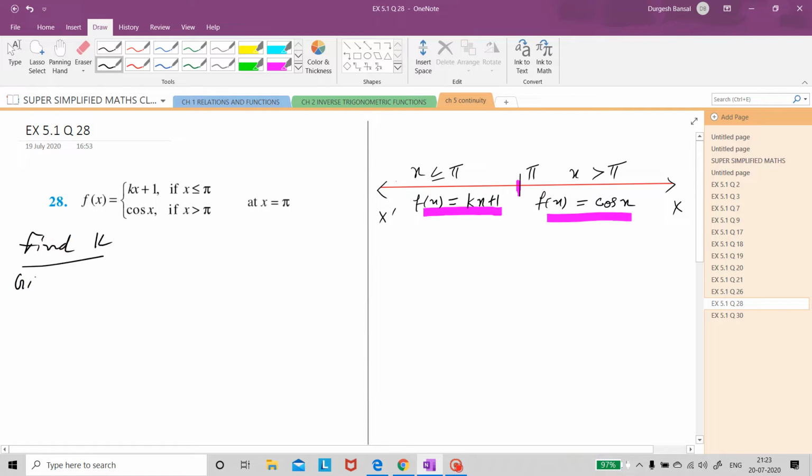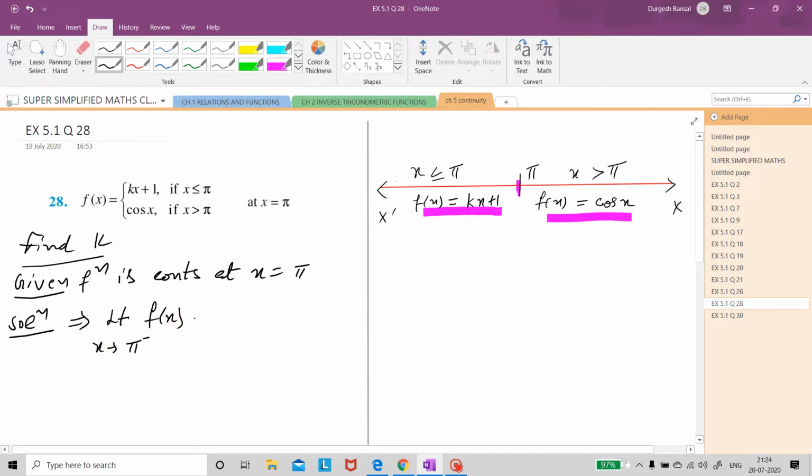and what is given to you? It is given to you that your function is continuous at the point x equal to pi. So now since the function is continuous at x equal to pi, this implies that the left hand limit at pi of the function f(x) should be equal to the right hand limit of the function f(x) at pi, and should be equal to the value of the function at the point pi.